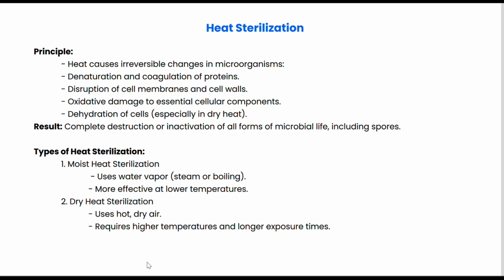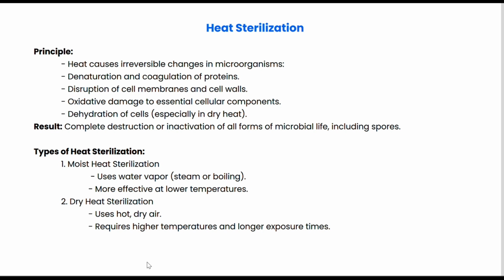Now, when we talk about heat sterilization, it's mainly divided into two types. Moist heat sterilization, where we use water vapor like steam or boiling water to carry and transfer heat efficiently. Moist heat is more effective because the presence of water allows for better penetration and faster protein denaturation even at lower temperature. Dry heat sterilization, where we use hot dry air.